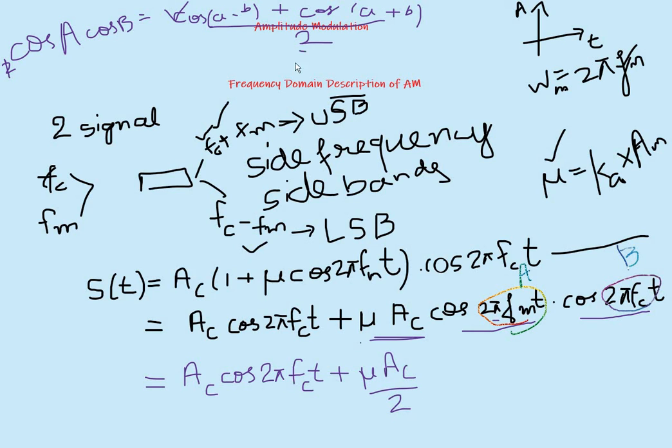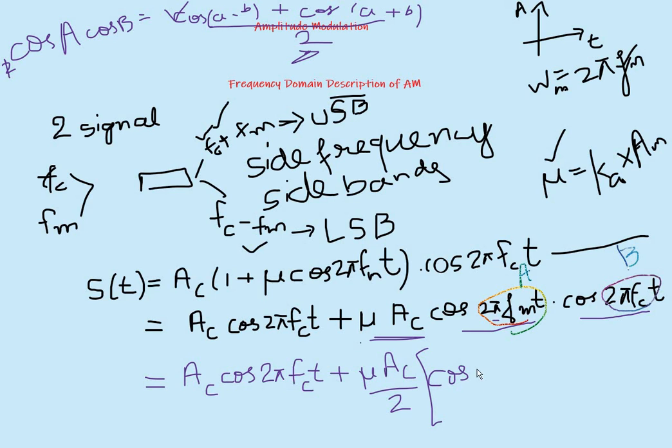This 2 we are getting from here. Mu AC by 2 into the whole of cos(A minus B).